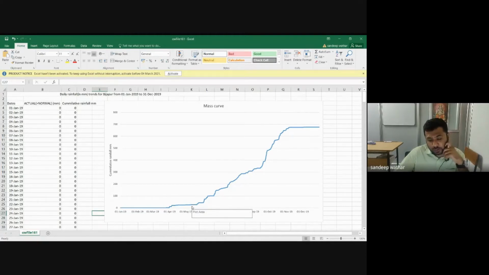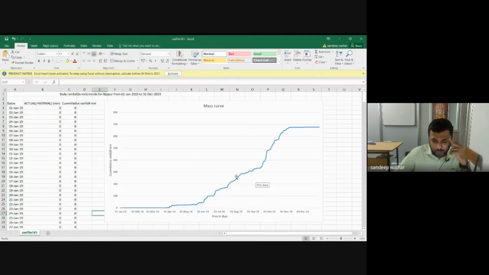But a huge amount of rainfall has taken place from June, July, August, September, till the end of October. This is the time which is called monsoon time. This varies from place to place. If I take the example of some other place, like the Western Ghats, the scene could have been completely different.